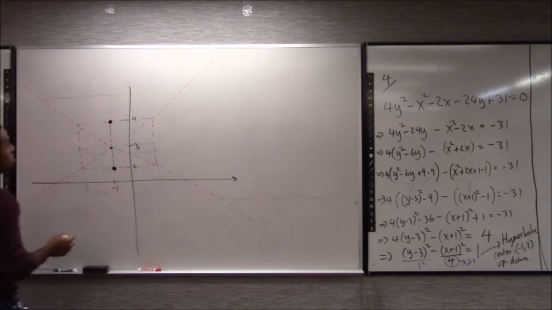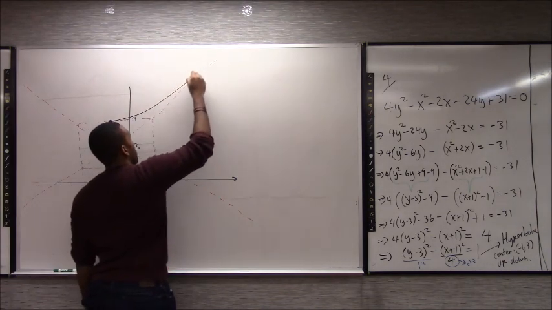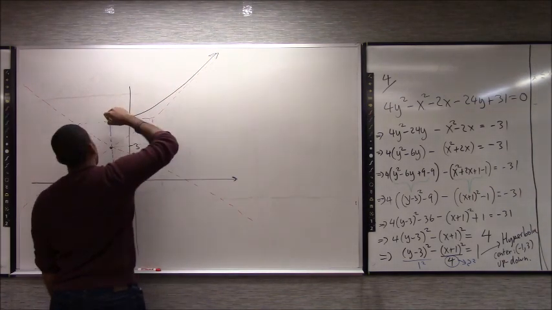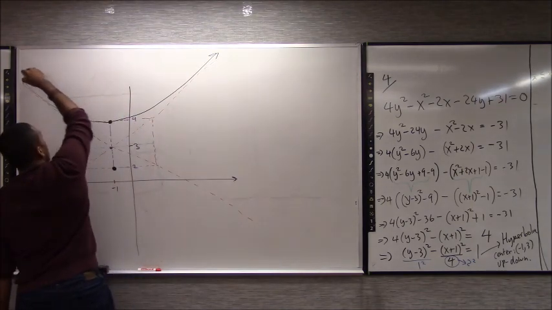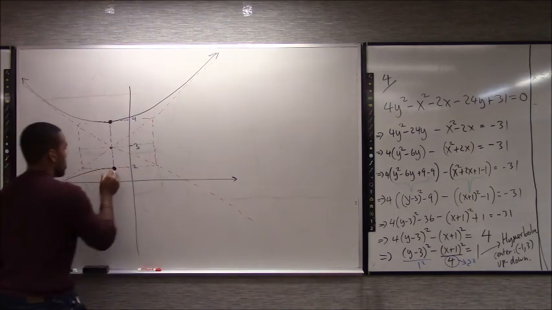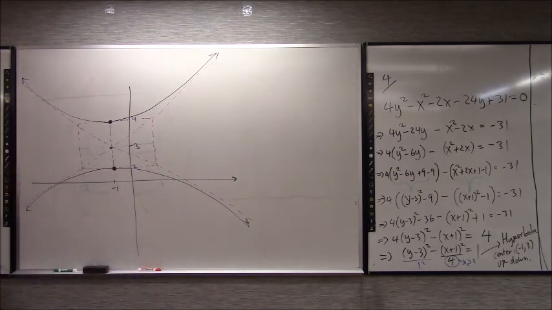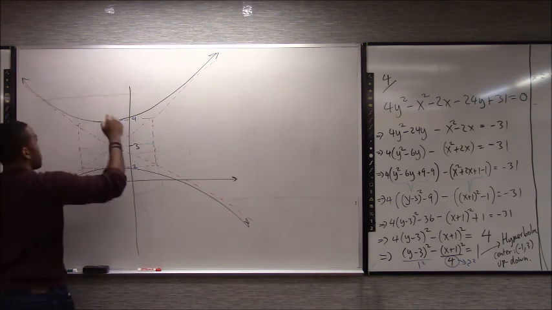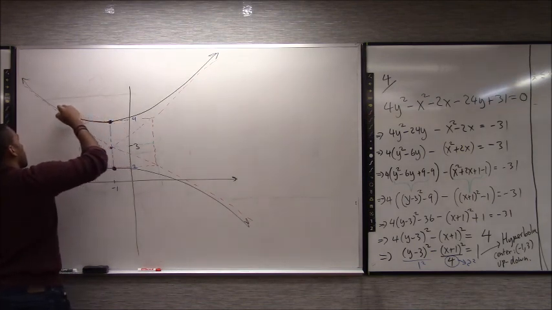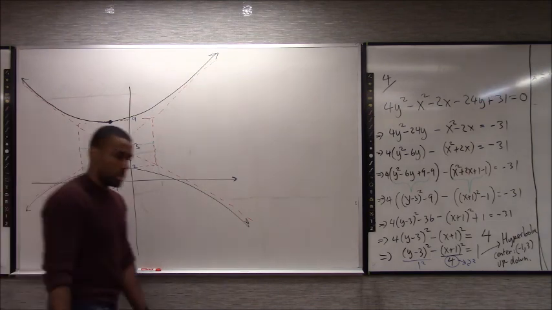And it opens asymptotically to these guys. Opens up and down. And so the black is the graph, the black is the hyperbola. That's how you sketch that one.